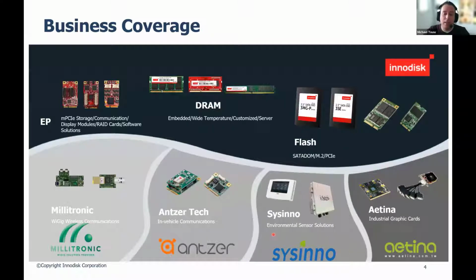Cecino is a company that makes environmental sensor solutions. Ansertech makes in-vehicle communication solutions, including tracking and everything. And Militronic gives you high-powered WiGig wireless communications. If there are any questions related to this, I can share all the company information, including roadmaps and everything, to give you an idea what is possible.